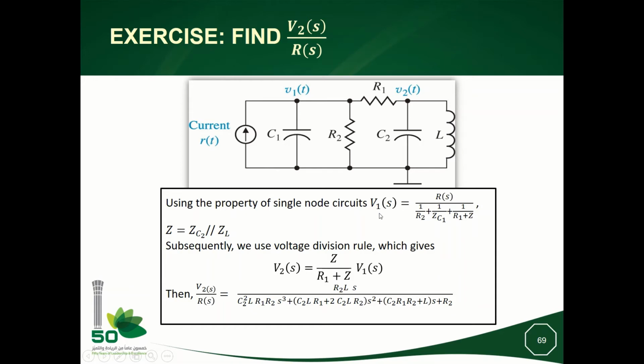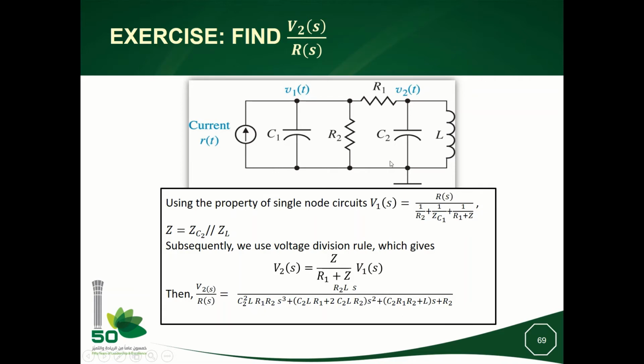And V1 divided by R is equal to 1 divided by these terms. Now if I multiply the two ratios, I can get V2 over R, which is the product of this times 1 over this term, which gives this transfer function.